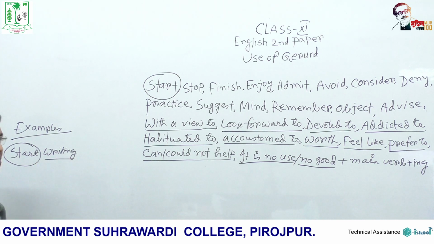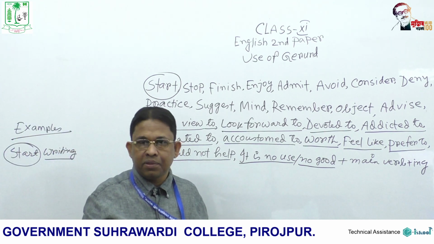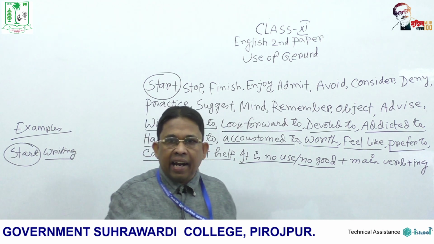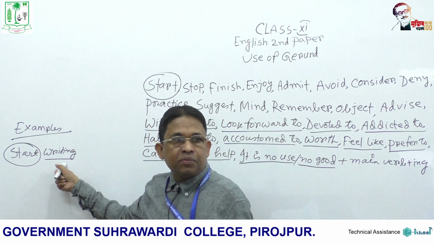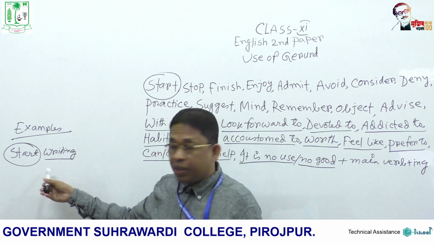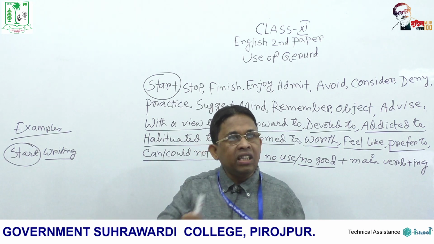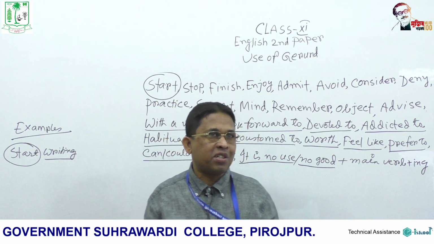This is gerund. The origin of this writing is write, which is above, and it ends in ing, but it acts like a noun because it is in the place of the object, and only a noun or a pronoun can be object.